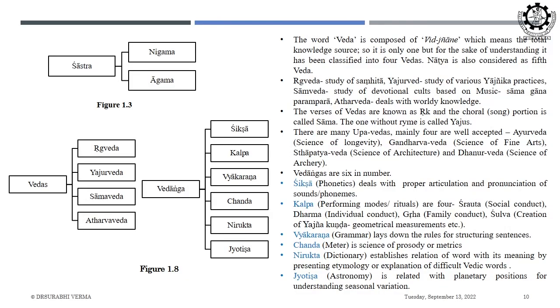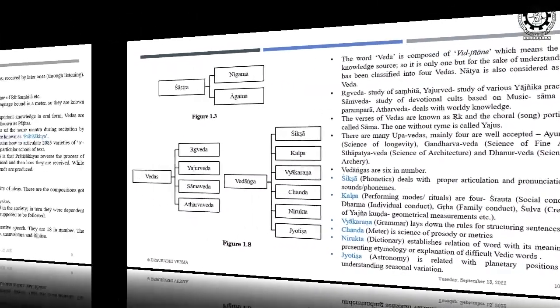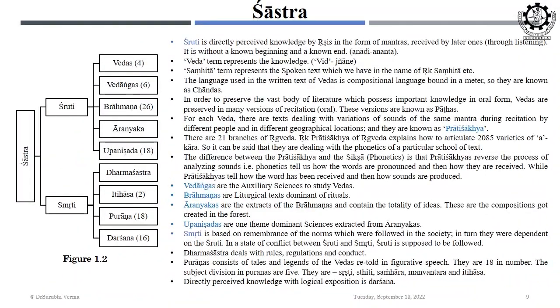So now we are going ahead after the Shastra. Second mode of classification, as we have already dealt with the first mode, that is the previous diagram, figure 1.2, where we understood the definition of the Shastra, how it is classified into 2 categories, Shruti and Smriti, then what the constituents of Shruti are and what the constituents of Smriti are.